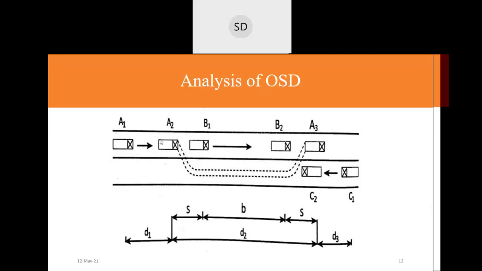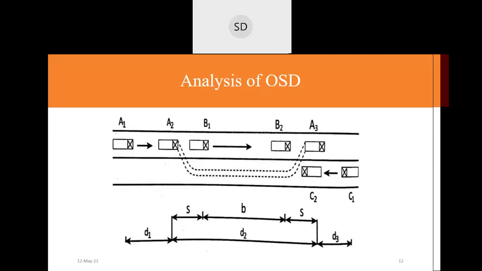So the total portion from A2 to A3 is the total overtaking operation, and within that time vehicle C will come from C1 to C2 position. If we want to divide this overtaking distance, we can divide it into three parts. First one is D1, the distance when vehicle A moves from position A1 to A2 within that reaction time with reducing speed.